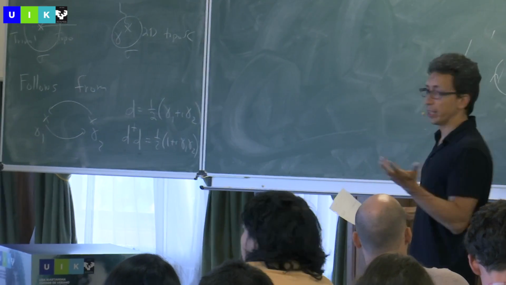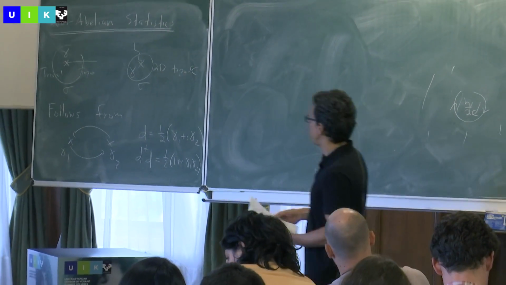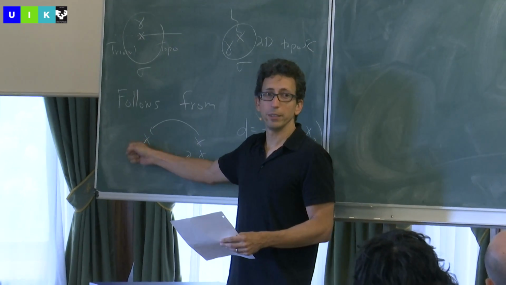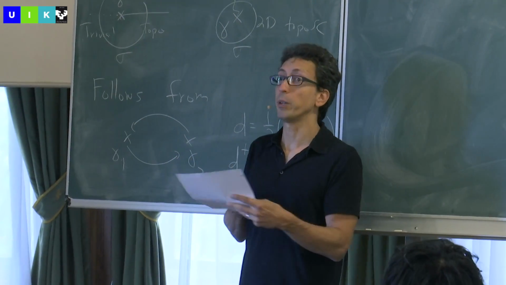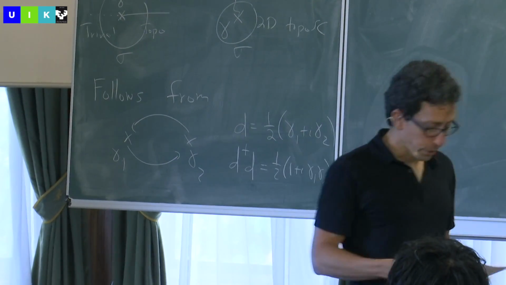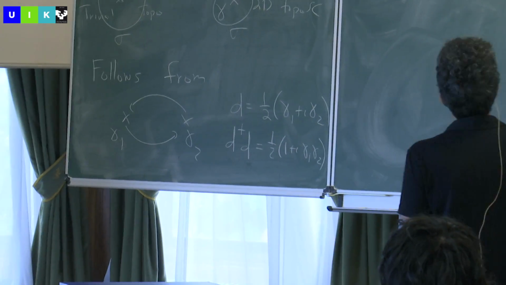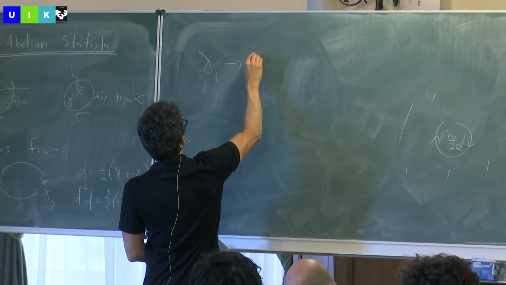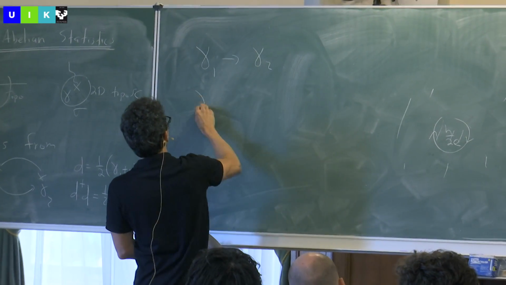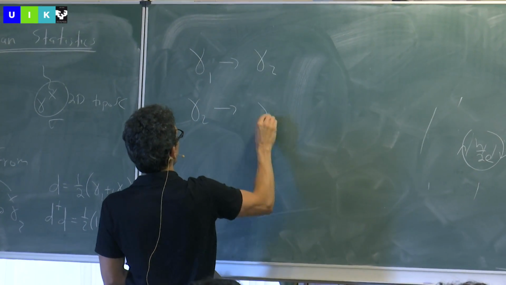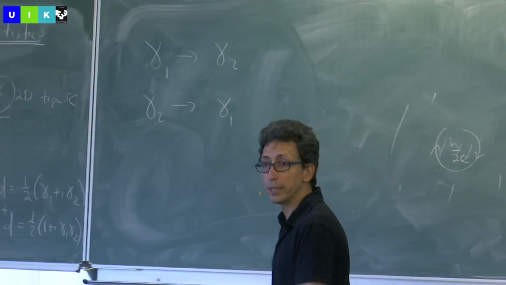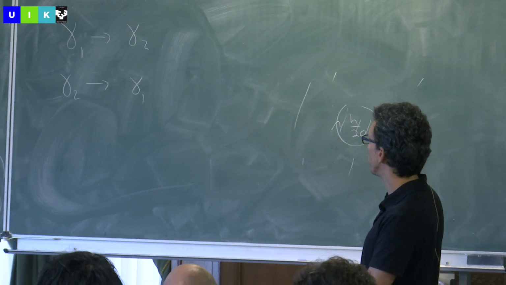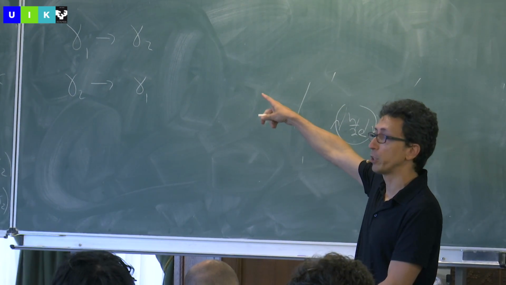Another thing that we can hopefully agree on is that when I perform this swap, gamma 1 and gamma 2 should swap labels. The most naive thing that you might try is to say that after you completed that swap, gamma 1 goes to gamma 2, and gamma 2 goes to gamma 1. That certainly seems to have the right spatial properties, at least, for what happens to those operators. But this can't possibly be correct.